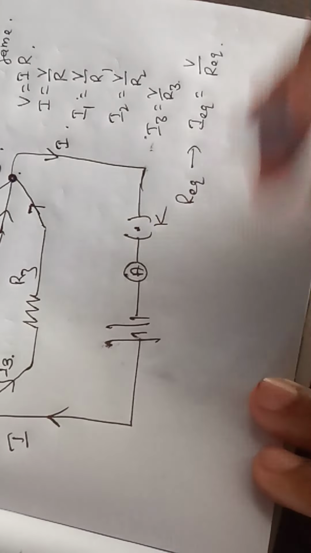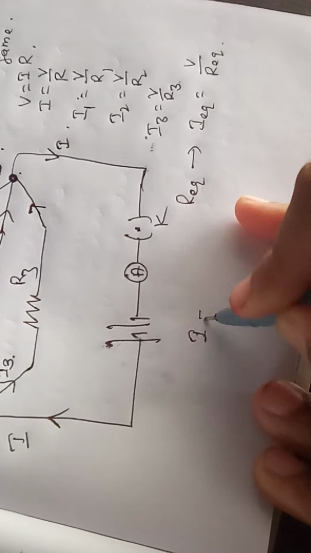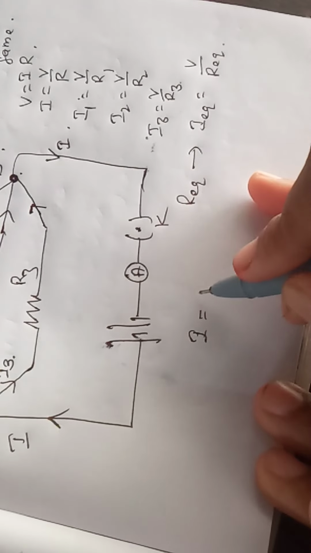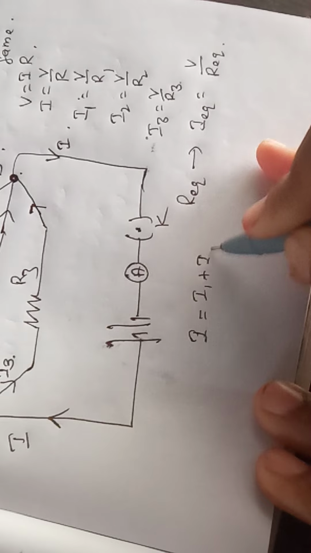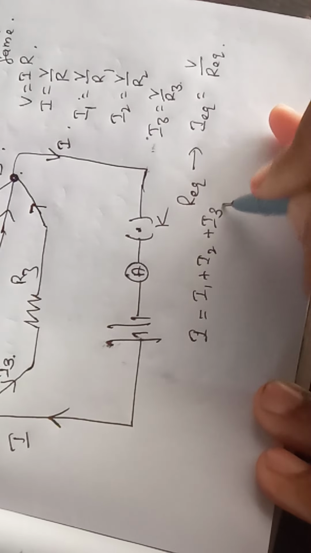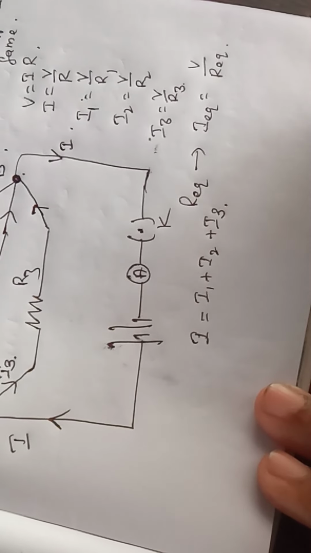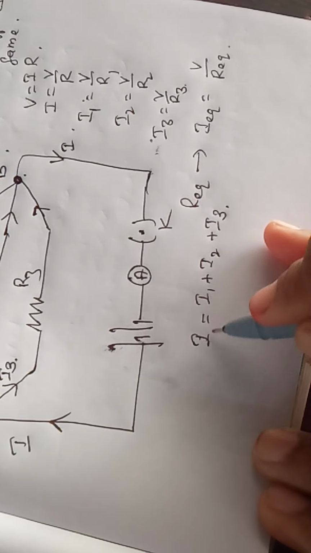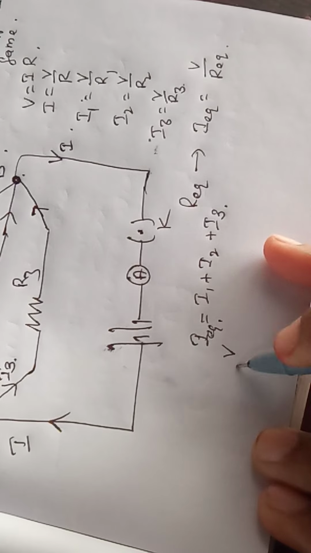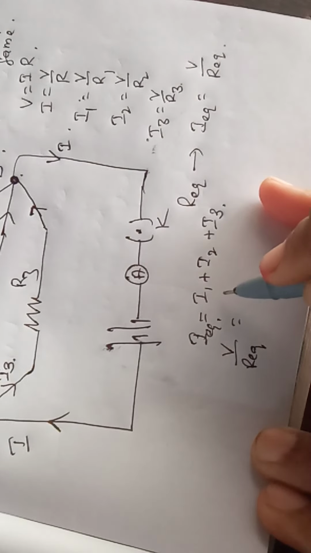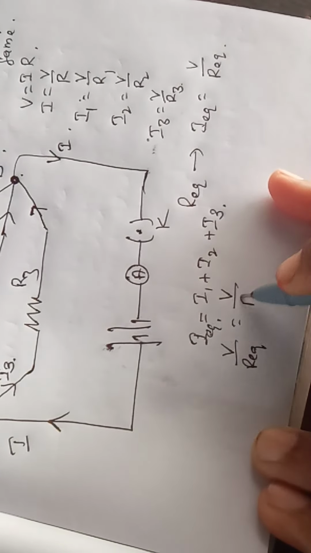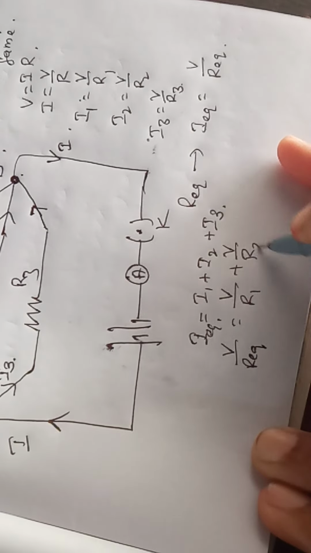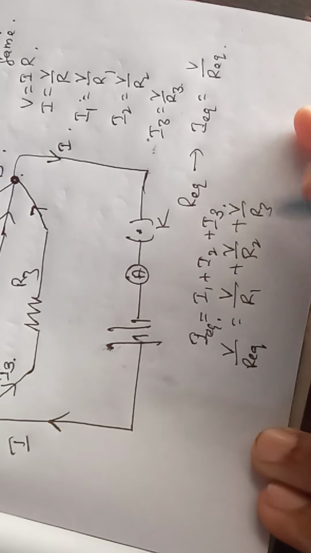And the current is I1 plus I2 plus I3, right? So V by R equivalent equals V by R1 plus V by R2 plus V by R3.